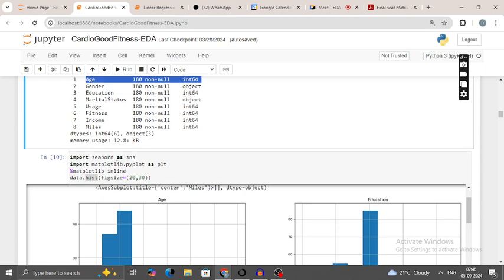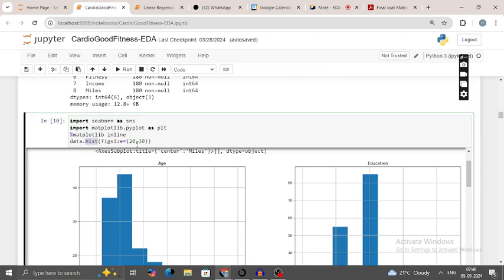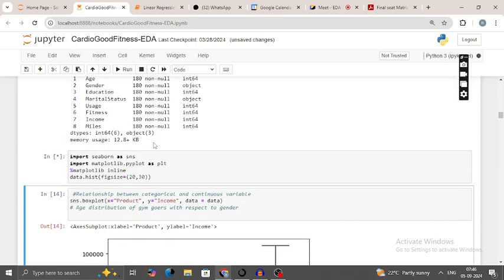So if you just do data dot hist, and give your figure size whatever you want, it will plot the histogram of only numerical data, because only for numerical data can I check the distribution. Histogram checks the distribution.